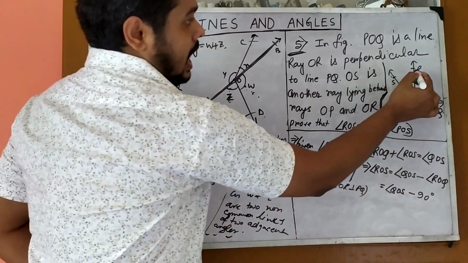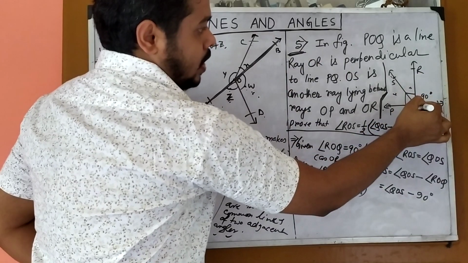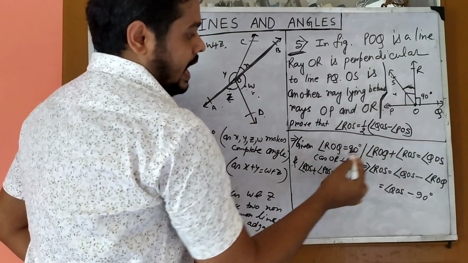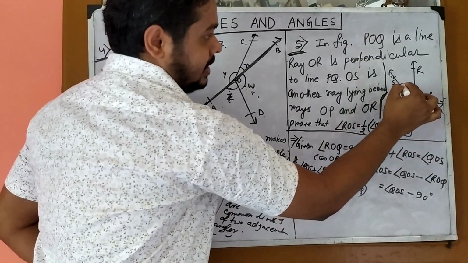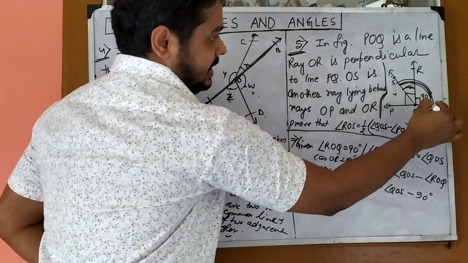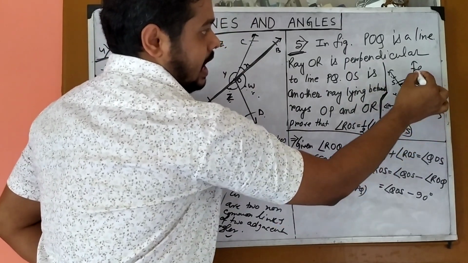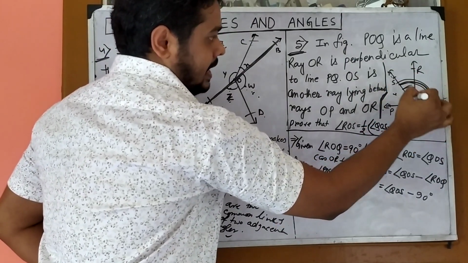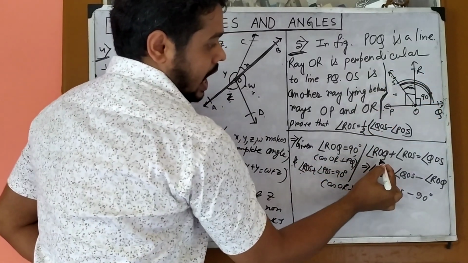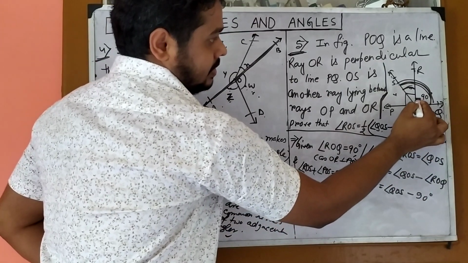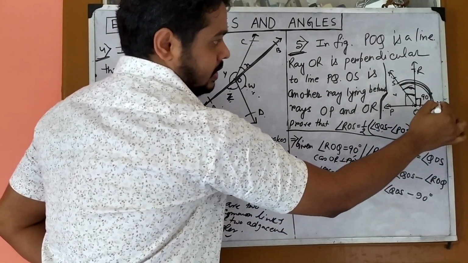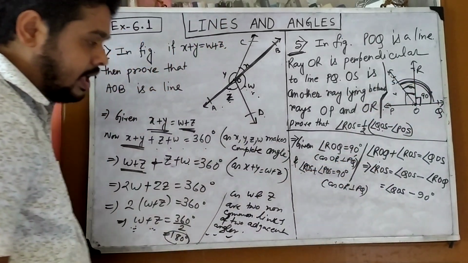Now see, ROS means this angle, and QOS means this total angle. QOS means ROQ plus ROS. This total portion, ROQ plus this portion ROS, equals the total angle QOS.